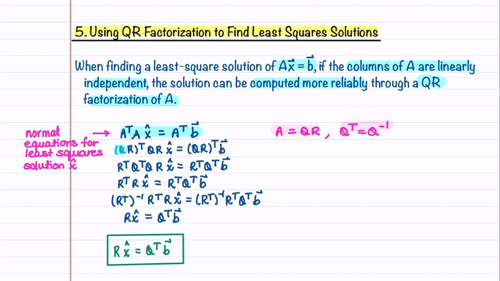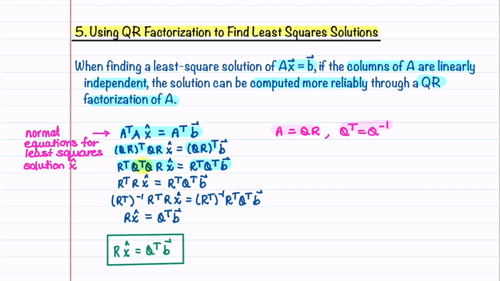So we have (QR) transpose times QR on the left, and we substitute in (QR) transpose on our right. We're going to simplify the transpose by switching the order of the matrices on both the left-hand side and the right-hand side. We're then going to notice that Q transpose times Q is Q inverse times Q, which is just the identity, so that goes away.